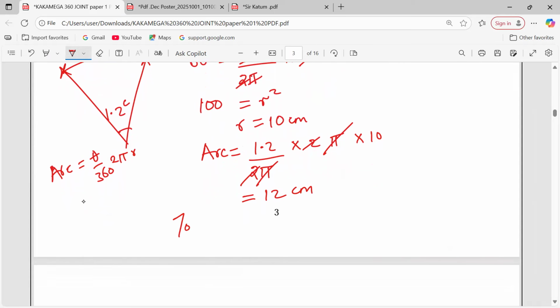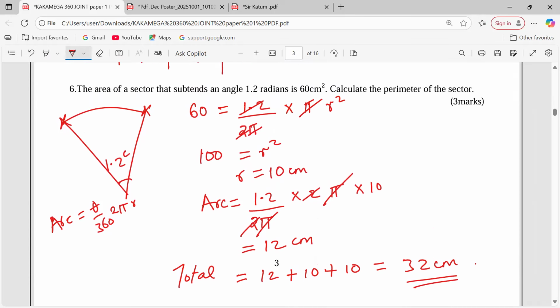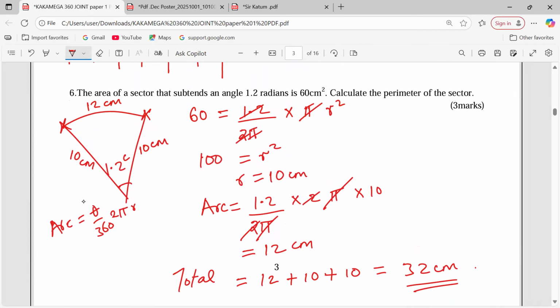So total perimeter is 12 plus 10 plus 10 to give us 32 centimeters. So we have 12 centimeters, 10 centimeters, 10 centimeters. So we get a total perimeter of 32.